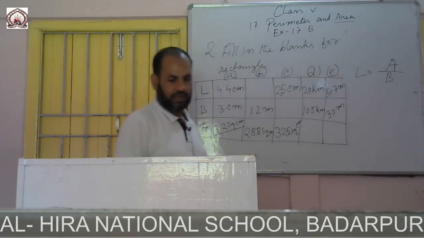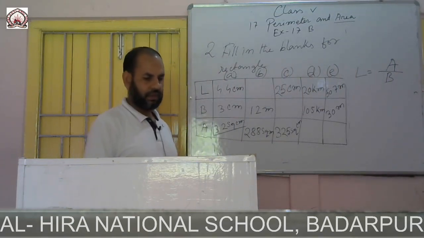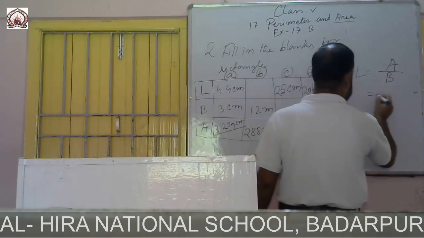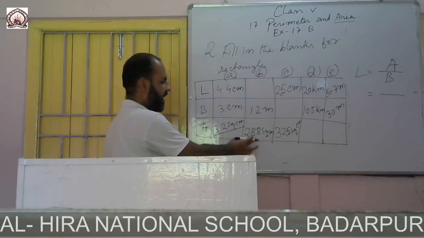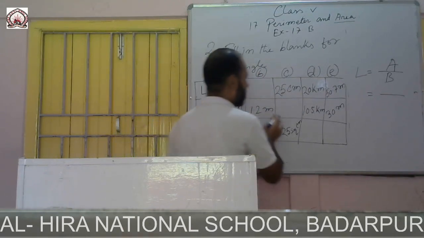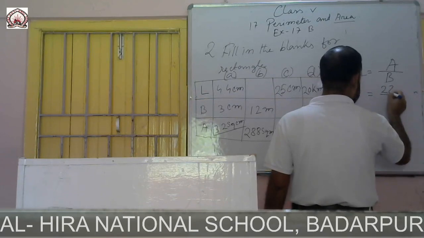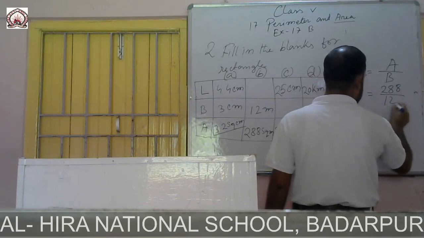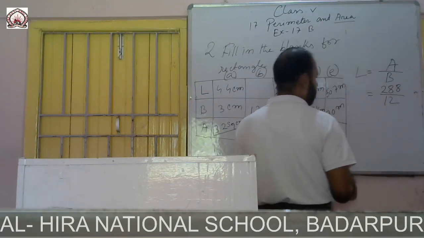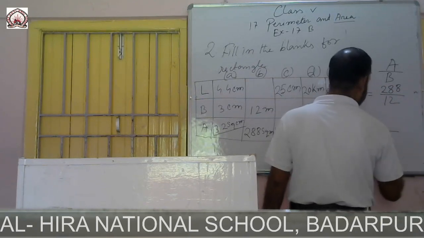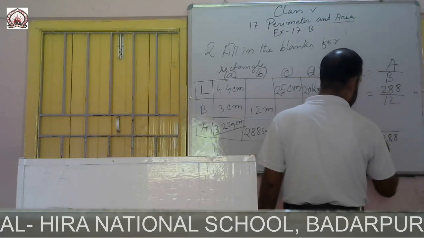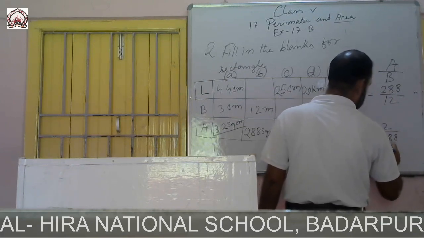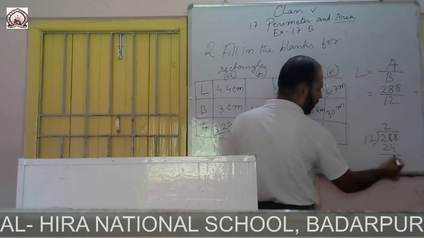Here area equals 288 and breadth equals 12. 288 divided by 12. 12 twos are 24, remainder 4.